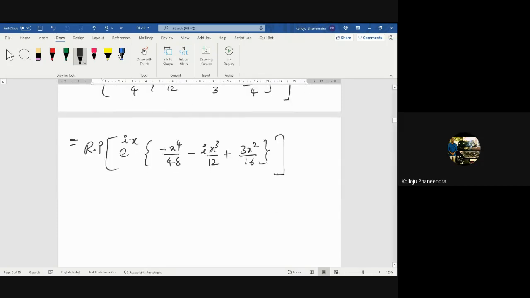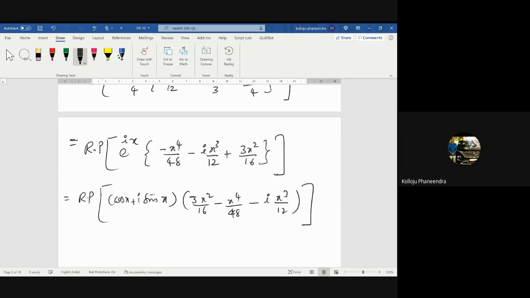Now you write e power ix. What is e power ix? It is cosine x plus i sin x, multiplied by the terms; write the real parts together. I am taking 3x square by 16 minus x power 4 by 48 together, minus i into x cube by 12 is the imaginary part. So in this one, what are the real parts?